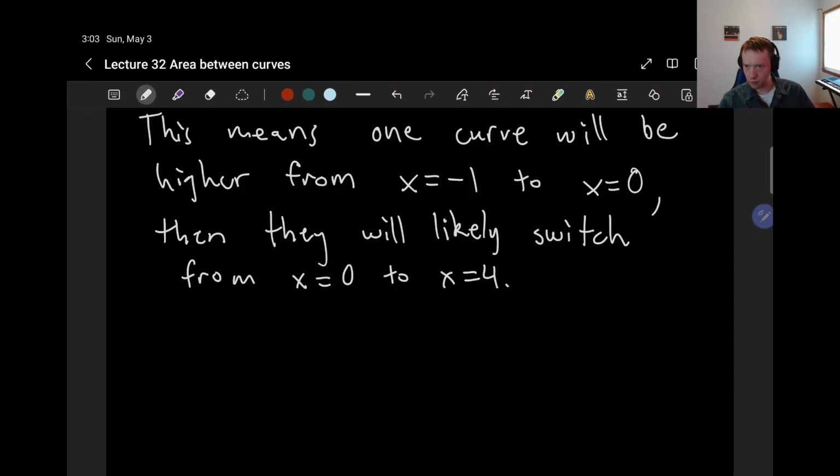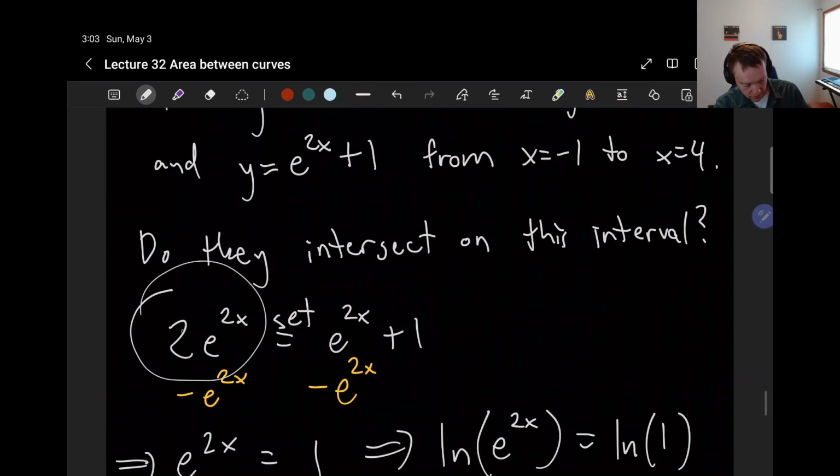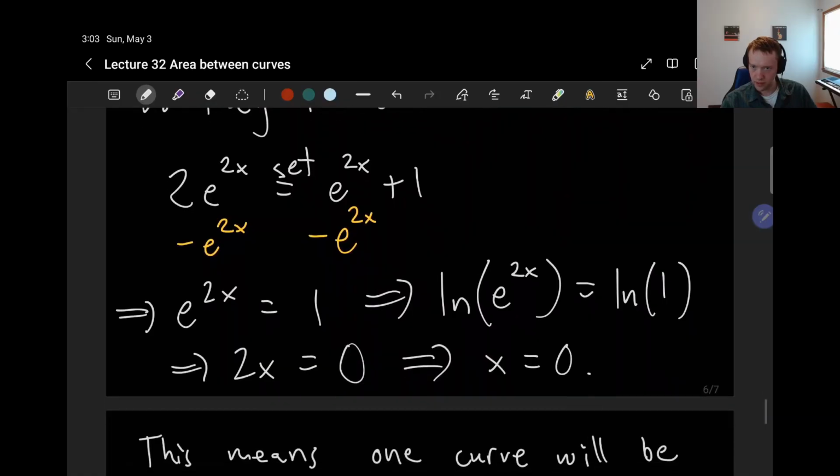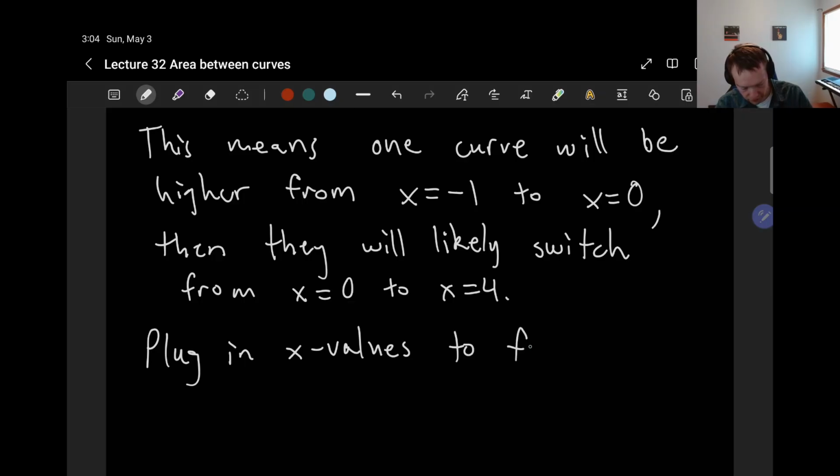So how do we find out which curve is higher on which little subinterval? Because these are both kind of complicated curves we're not really used to thinking about. Well, just try plugging in an x value on each side, and then you can determine which is higher.